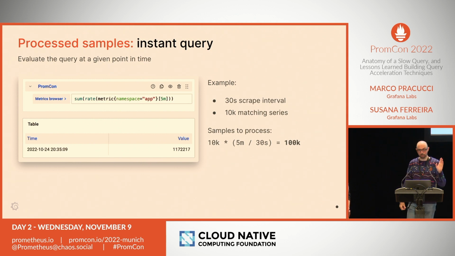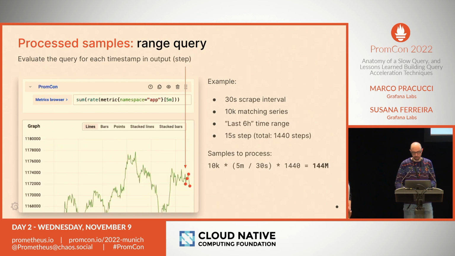Now let's run the same exact query, but as a range query. When you run this as a range query, you have to evaluate this query for every step. The step is basically each timestamp in the output of your query. Now, if you run this query over the last 6 hours in Grafana, the number of steps requested by Grafana is 1,400.